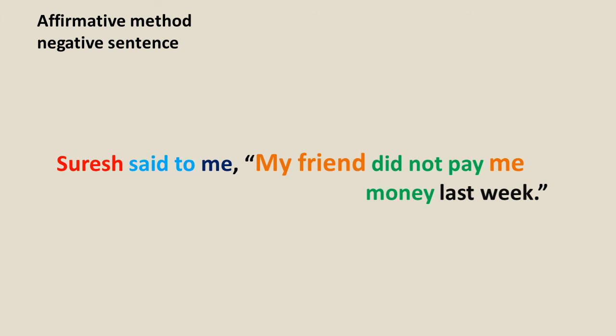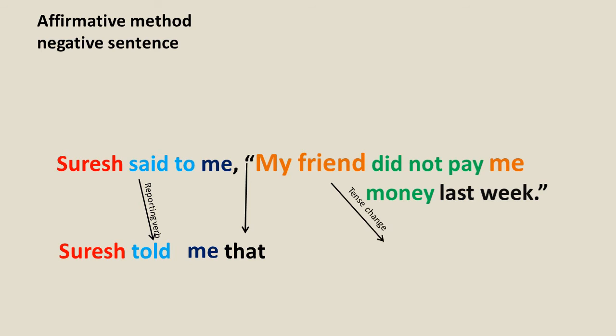It's the negative of the affirmative method. Let us see one example sentence. Suresh said to me, "My friend did not pay me money last week." Let us see the changes. Here said to becomes told, and removing quotations, in the place of that you have to use one conjunction, that is that, because it is the affirmative method.